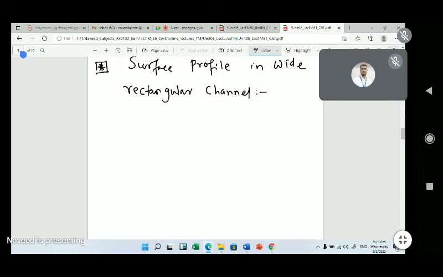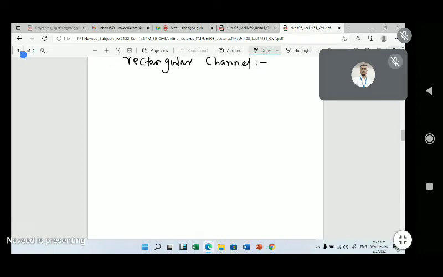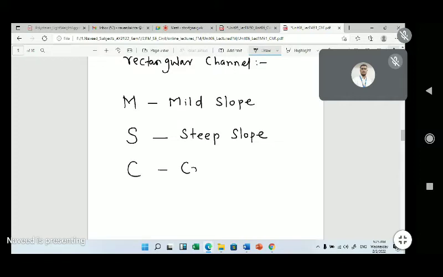Here is some terminology for the slope of bed. If the slope of bed is mild, we say mild slope, denoted by M. If the slope of bed is steep, we call it the steep slope, that is, the slope is large. If the slope of bed is critical, we say critical slope.